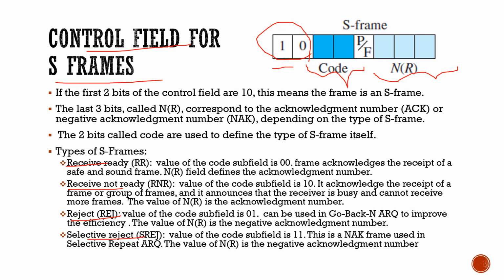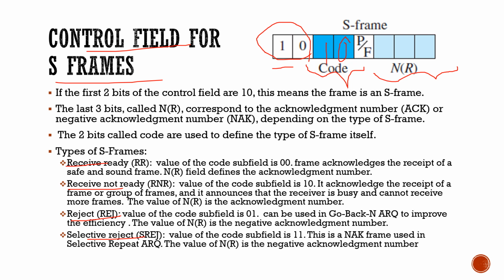If the field is 00, it acknowledges that the recipient is ready to accept your data. The frame which you have sent is received, so it is receive ready. If it is 10, then it is receive not ready. Receive not ready means the recipient is not ready to accept your frames.